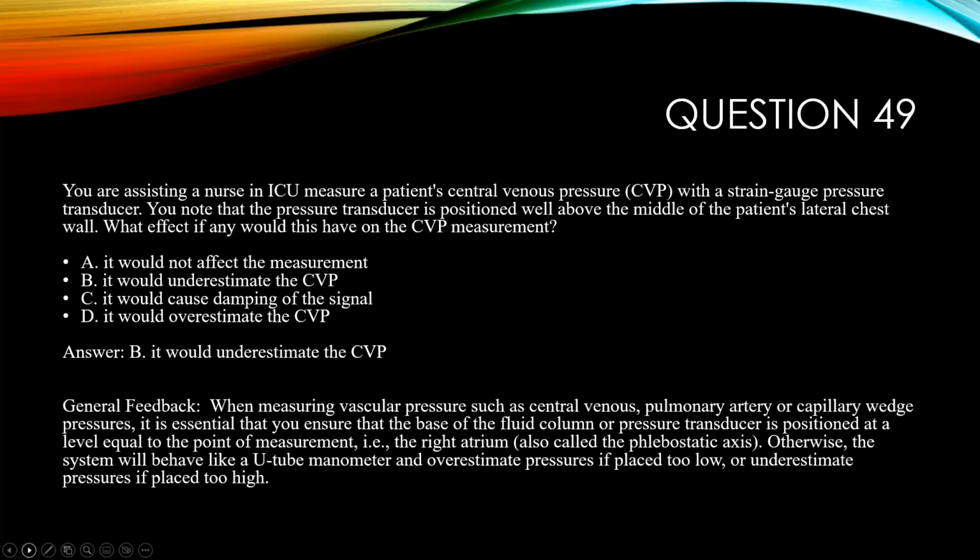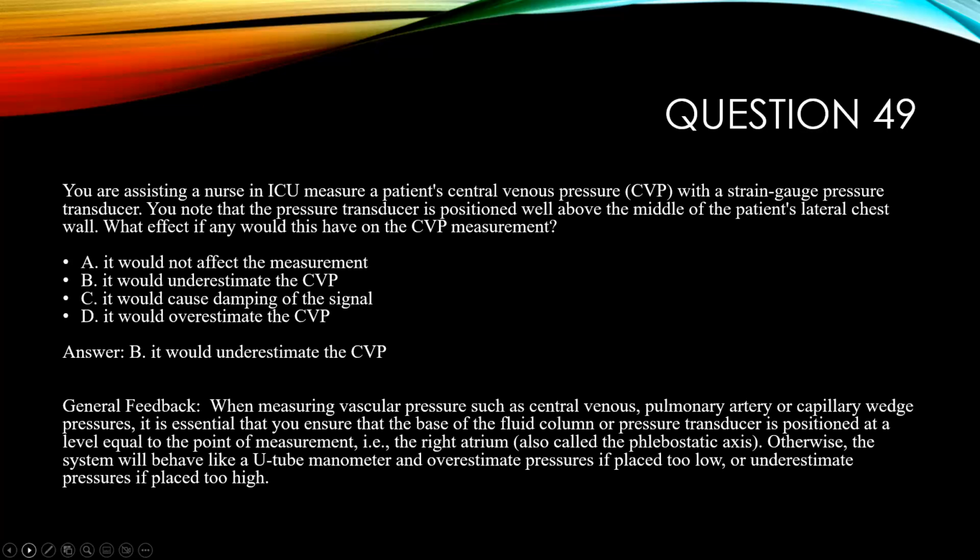So when measuring vascular pressure, such as central venous pressure, pulmonary artery pressure, or capillary wedge pressure, it's essential that you ensure that the base of the fluid column or pressure transducer is positioned at a level equal to the point of measurement, so at about the right atrium, also called the phlebostatic axis.